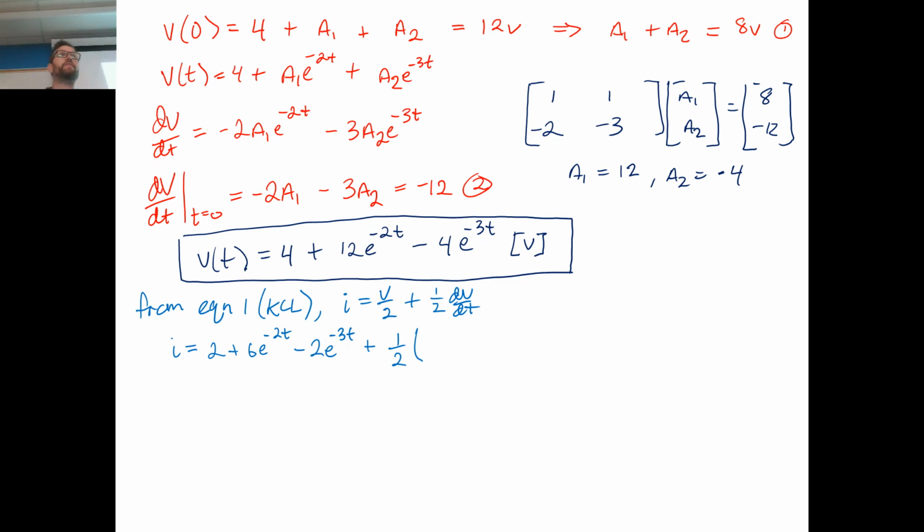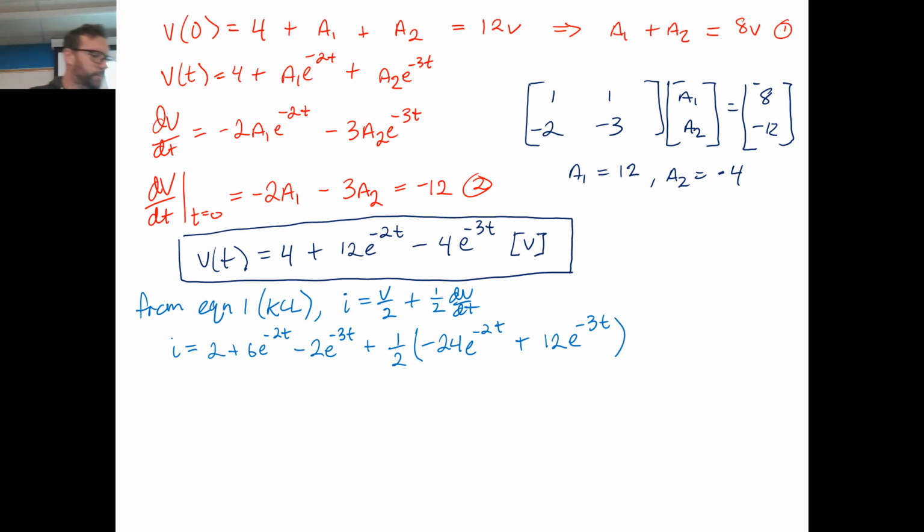And now we're going to look at the derivative of V of t. The 4 goes away, that's a constant. And so we get the minus 2 comes out in front of the 12 for a total of a negative 24 e to the minus 2t. And then we're doing the derivative of the negative 4 e to the minus 3t term. The negative 3 comes out to the front. Negative 3 times negative 4 gets you a plus 12 e to the minus 3t.